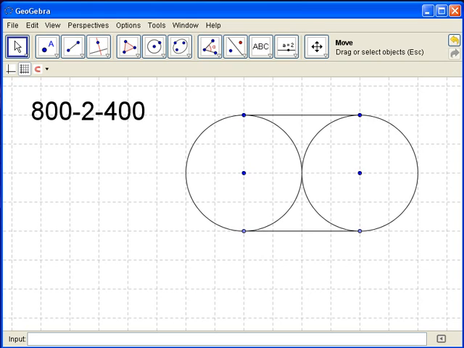So we have 2 half... I am going to need some more help lines.